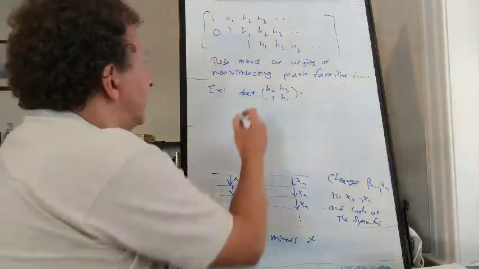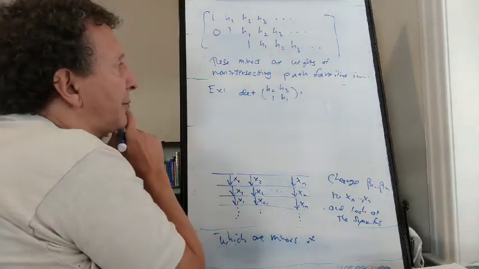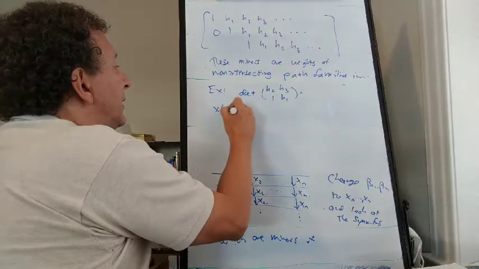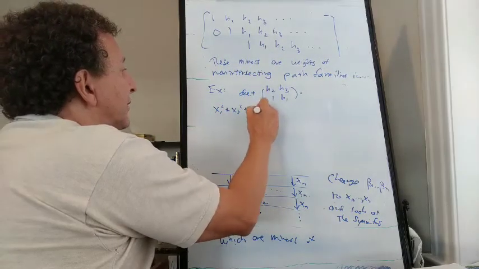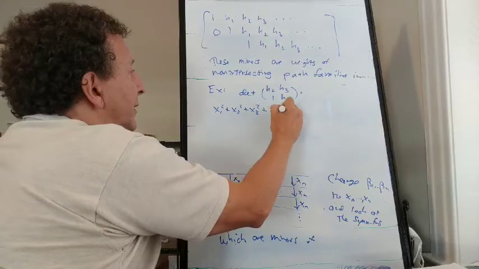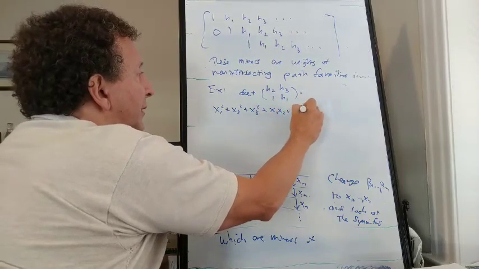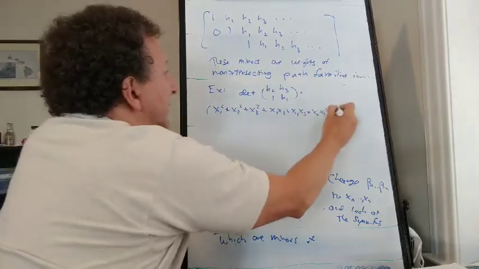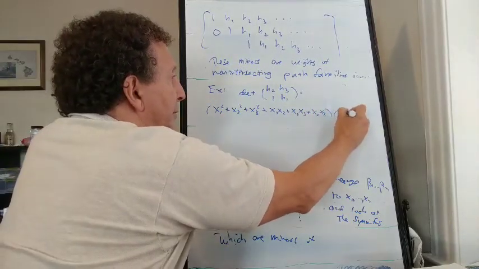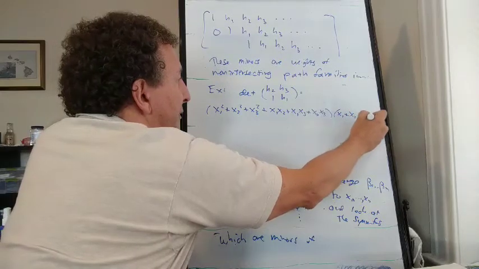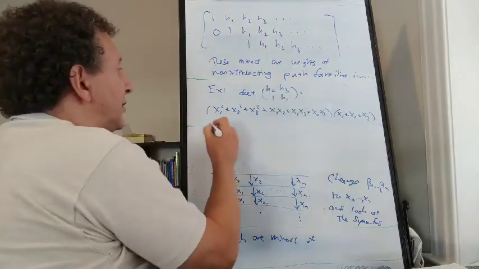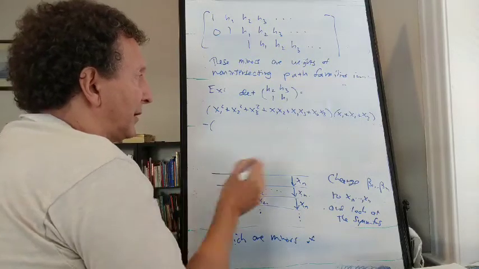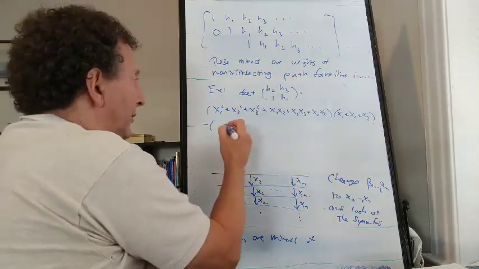So this is, let's see, h2 is the sum of all products of variables 2 at a time where we can repeat the variables. So x1 squared plus x2 squared plus x3 squared plus x1 x2 plus x1 x3 plus x2 x3, times x1 plus x2 plus x3, minus h3. So minus the sum of products of all variables 3 at a time where we can use variables at most 3 times.